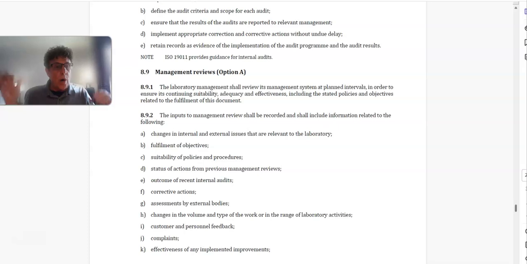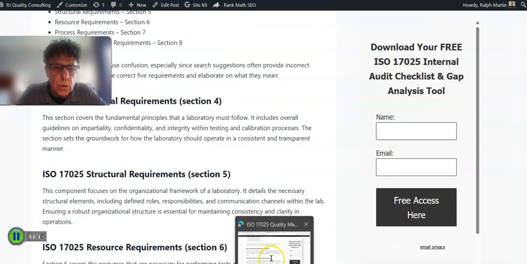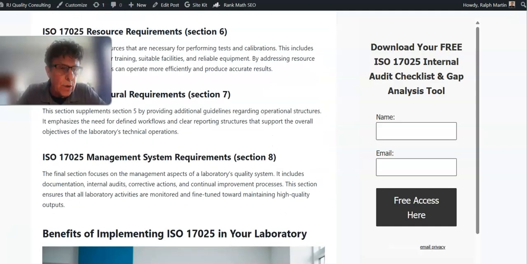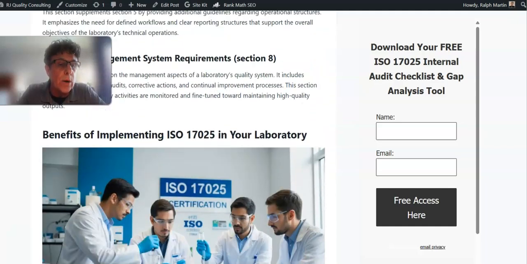So those are the 5 ISO 17025 requirements, each one having their own policy or procedural requirement that is associated with that. So what you want to do is read this blog post in its entirety, and I think it'll break it down into each clause element that will explain that particular clause and what the requirements are.